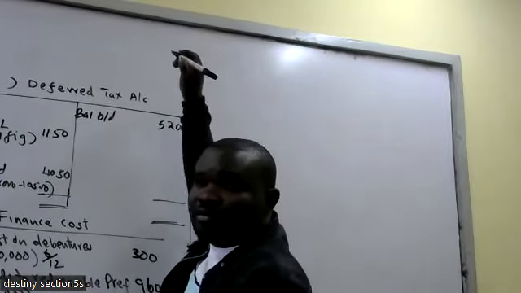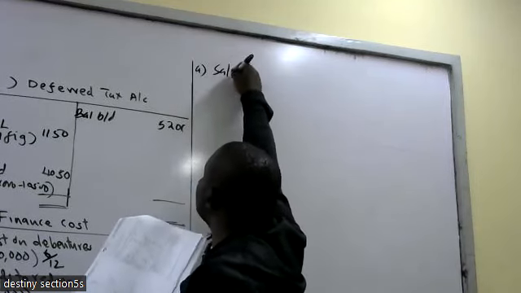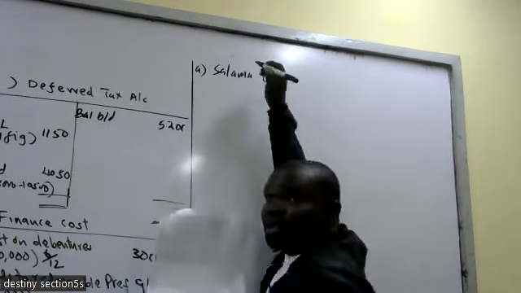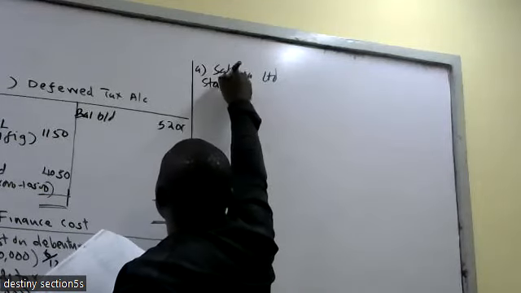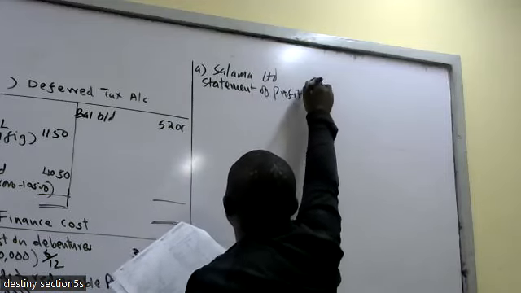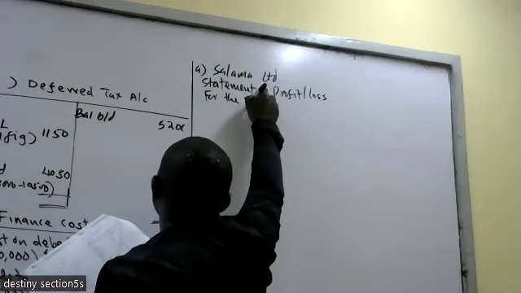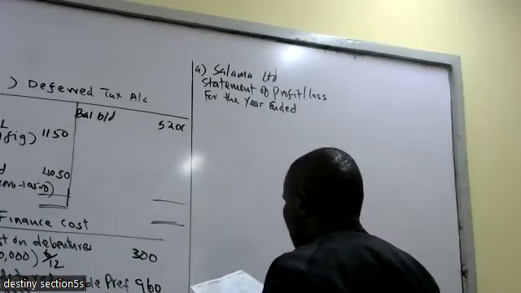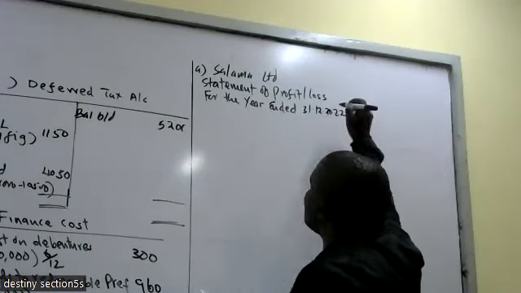So we go to Salama presentation, Roman 1, part A. Salama Limited, statement of profit or loss for the year ended 31st December 2022.